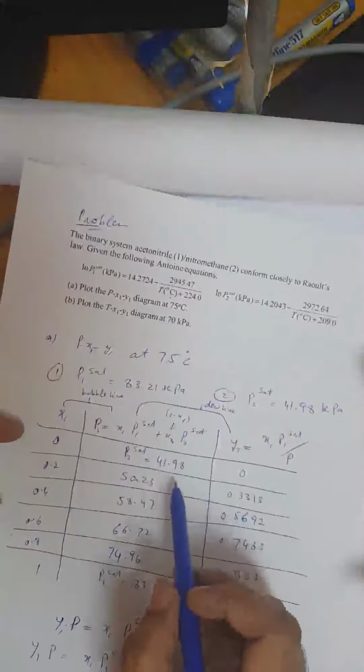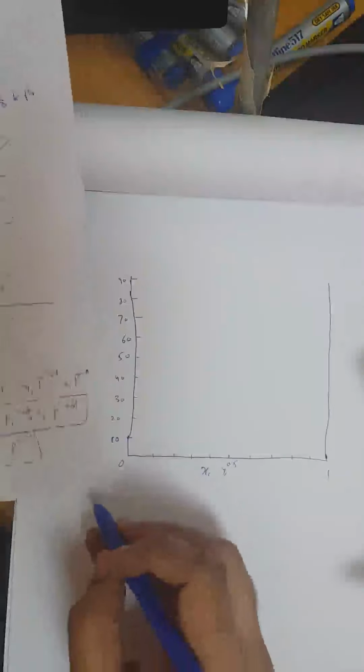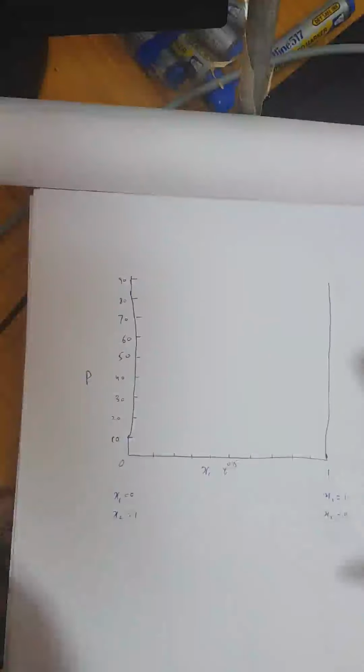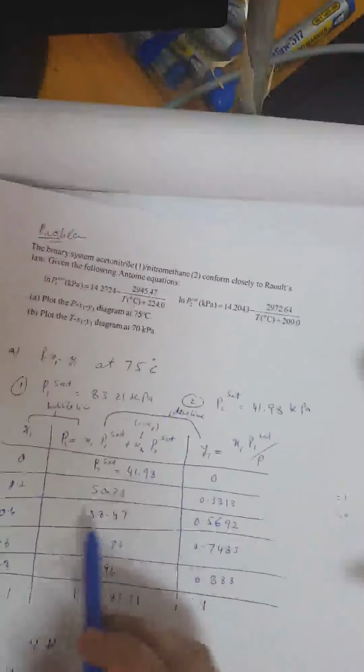So here will be P. Here x1 is 0 and x2 is pure. Here x1 is 1, x2 is 0. First we plot the bubble line.